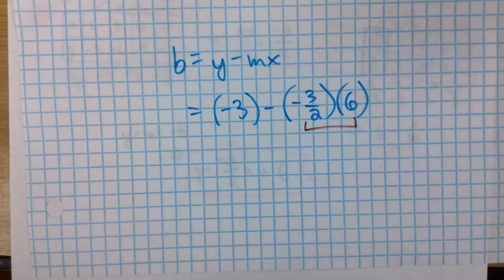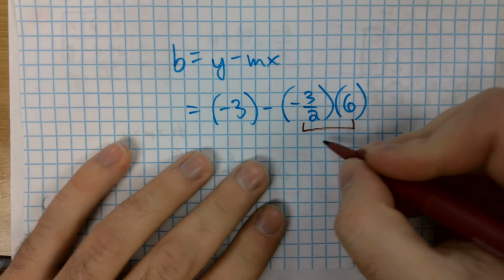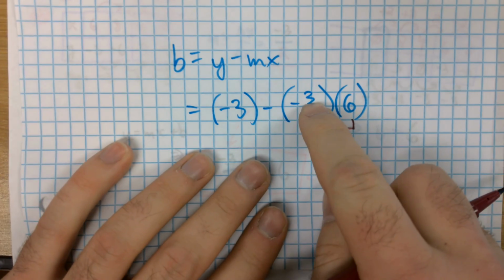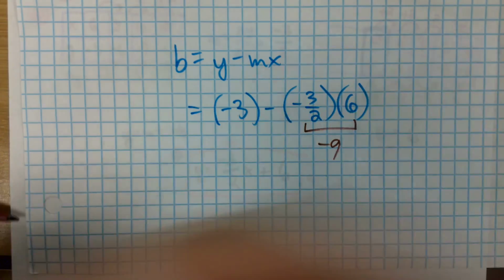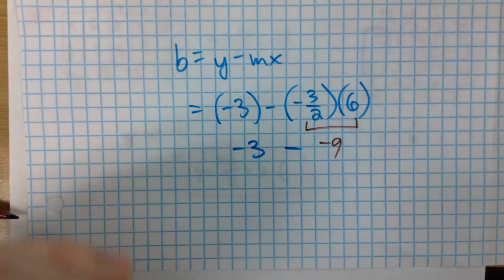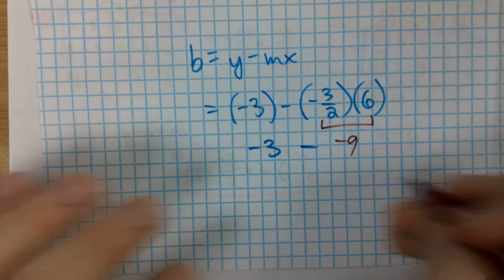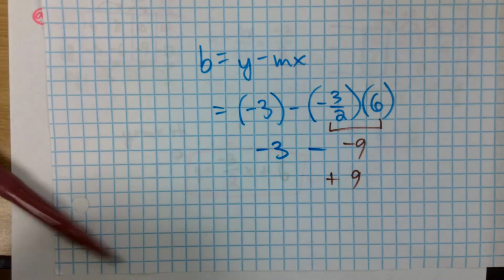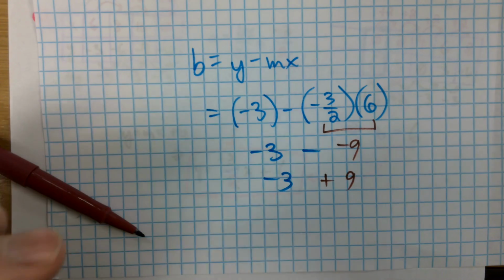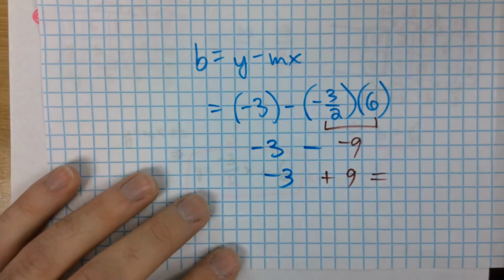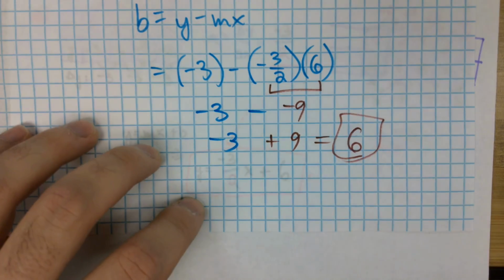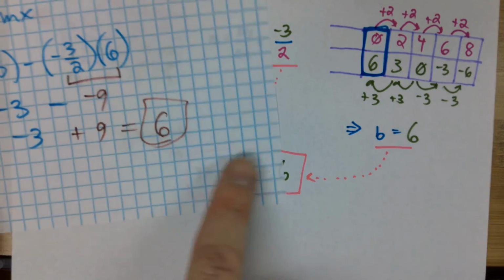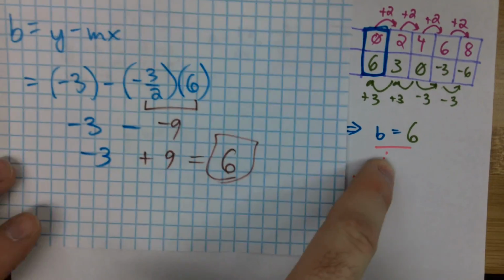Negative 3 over 2 times 6 would be negative 9. 6 times 3 is 18. Divided by 2 gives us 9. Negative 3 minus negative 9 becomes negative 3 plus 9, which is equal to what? Positive 6, right? We got the same b value either way, whether we did option 1 or option 2.